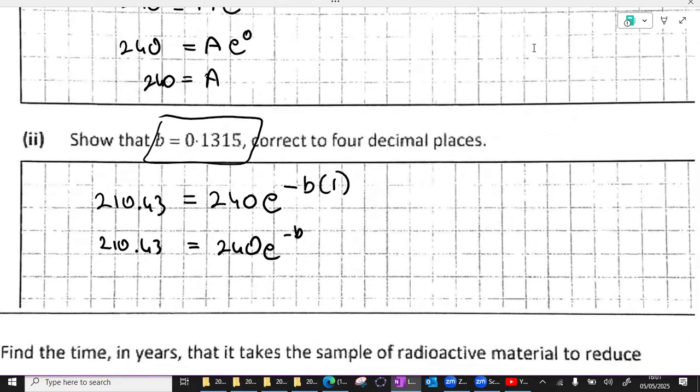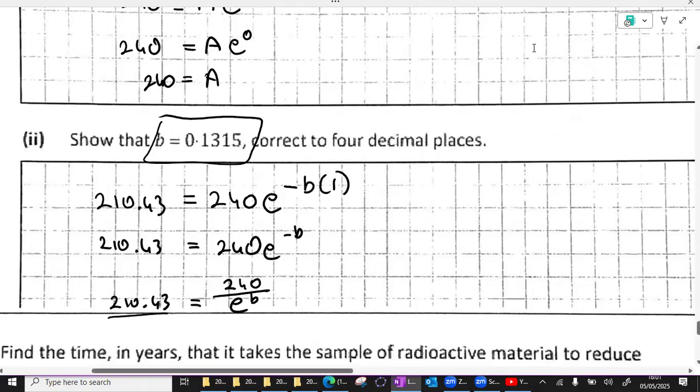So now we just have to get this the way we want it in terms of finding out our value of b. So I think it would be a good idea to put our e to the power of b underneath to get rid of the negative.